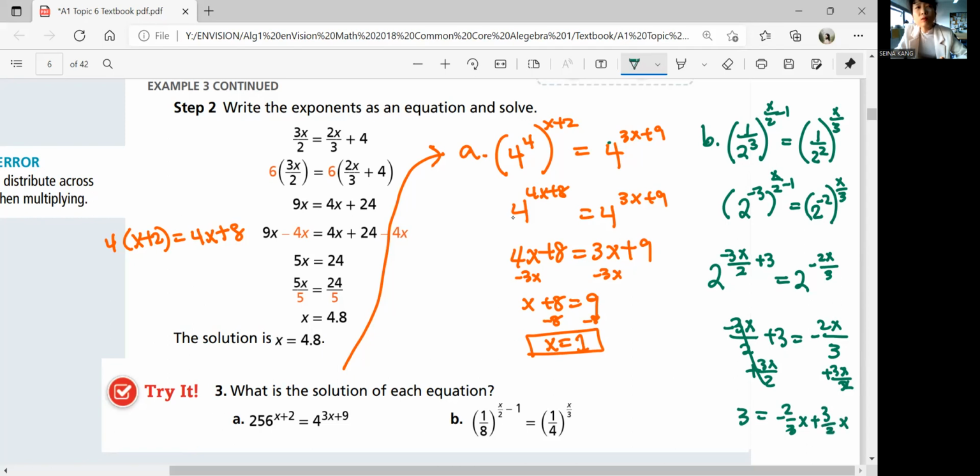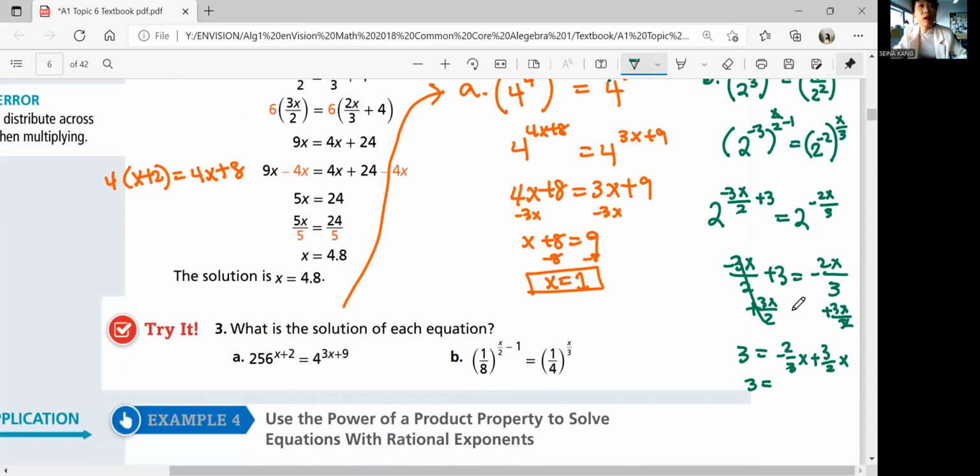So that means 3 minus 2, wait, they don't have the same denominator. So find a common denominator. That is 6.